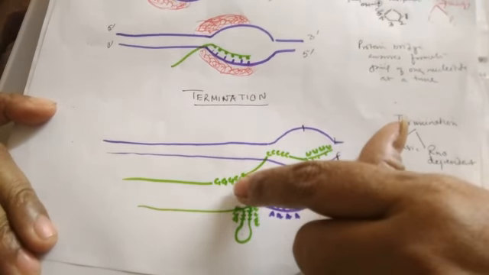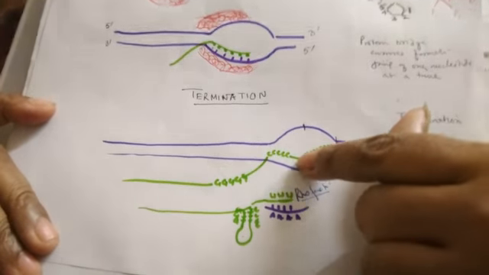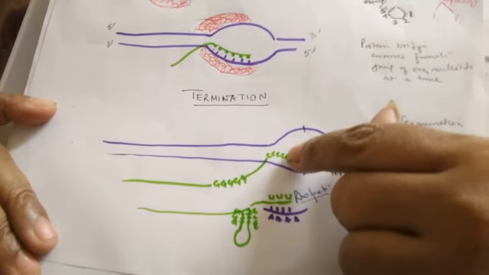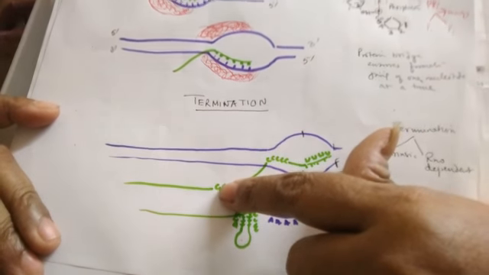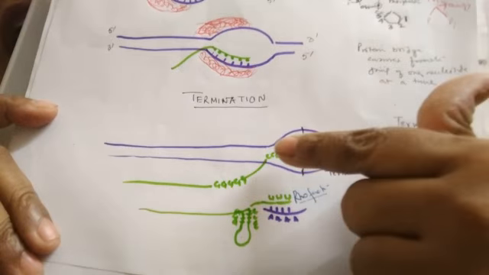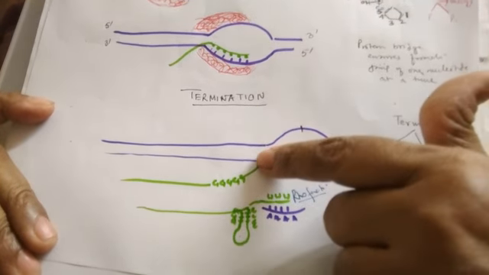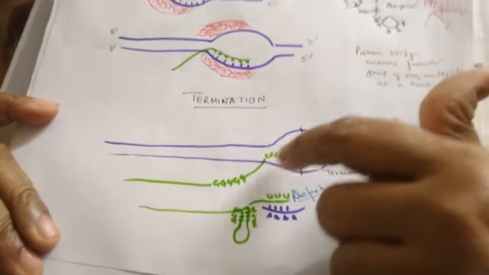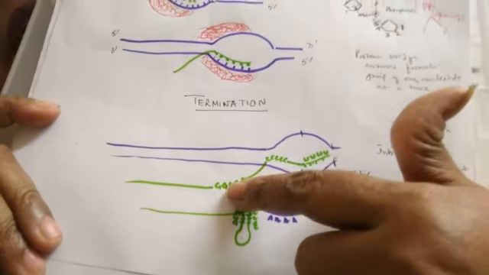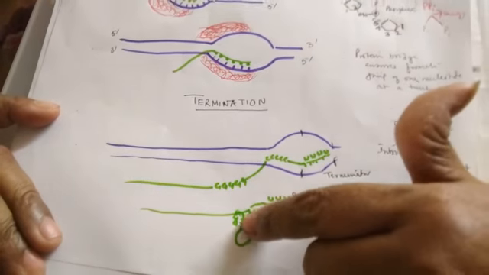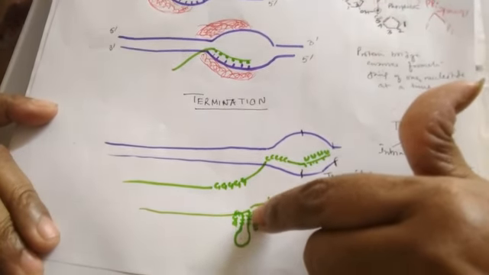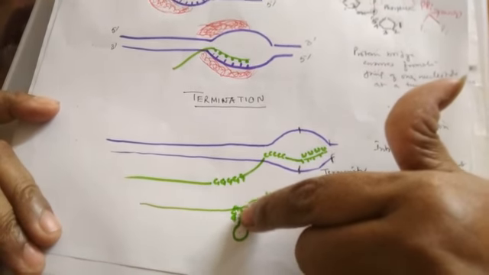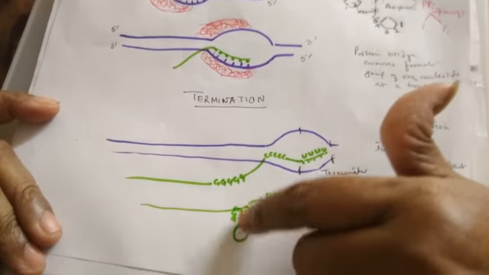But before that, clear, in a certain region of the chain, a few nucleotides before it, there is a region which is very rich in guanosine and another region which is very rich in cytosine. So as the chain gets separated from the DNA, these guanosine and cytosine rich regions form complements to each other, forming a hairpin bend.